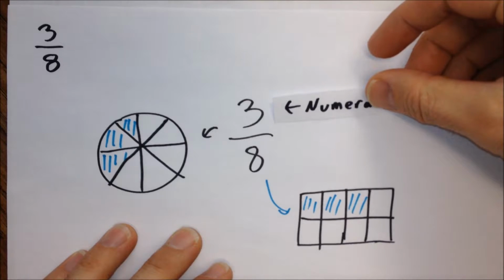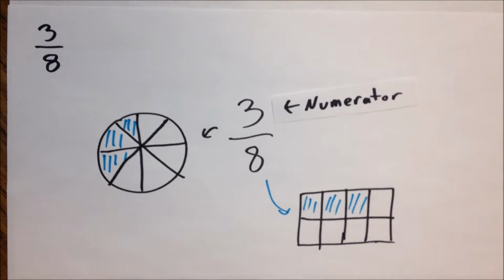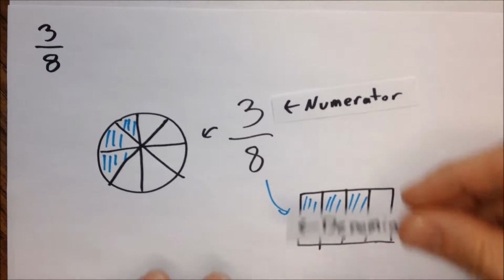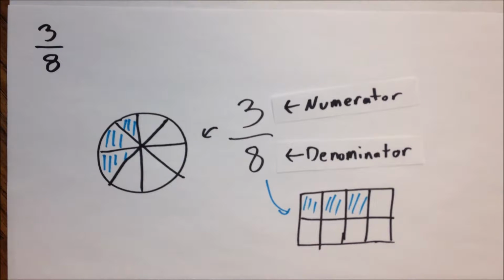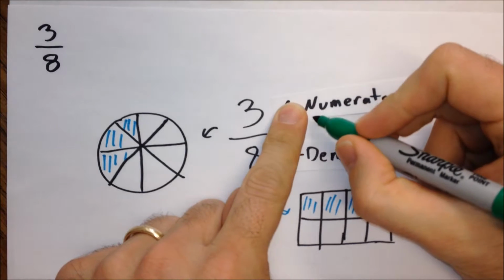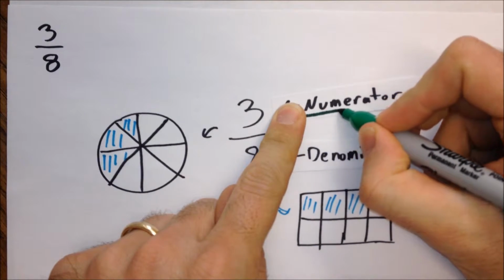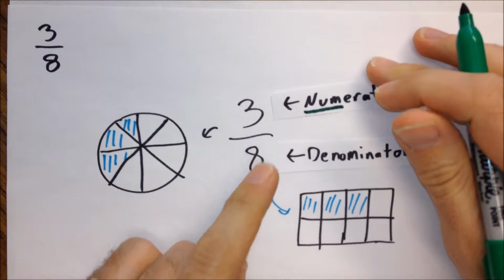First, the 3 is what we call the numerator, and the 8 is what we call the denominator. You've probably seen and heard those terms before, but I want those terms to have a little bit more meaning today than we normally have. If you look at the numerator, you can see this "num" here. What is num?